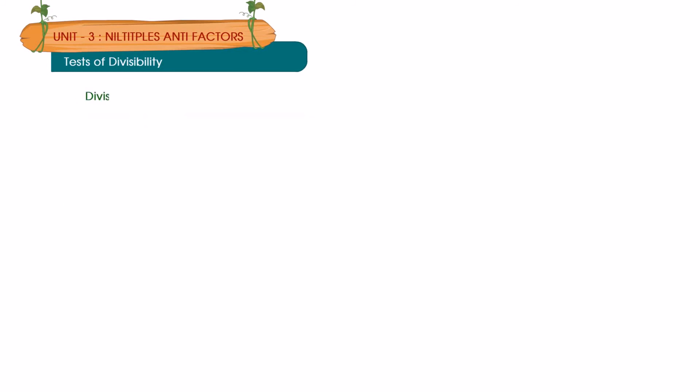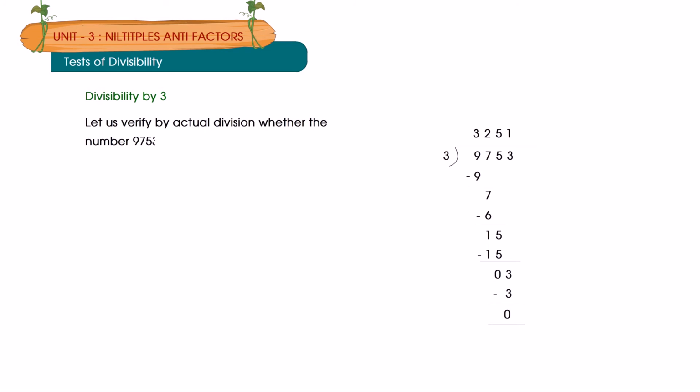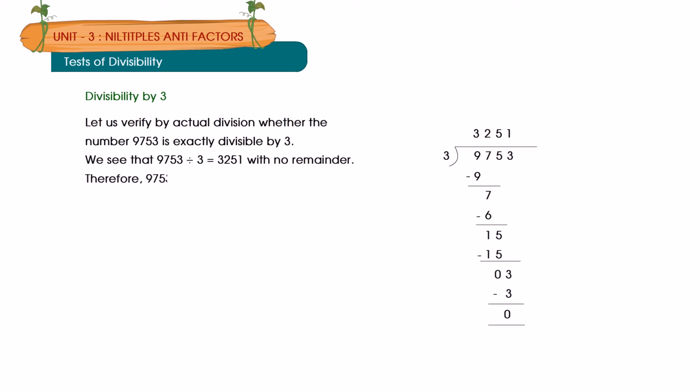Divisibility by 3. Let us verify by actual division whether the number 9,753 is exactly divisible by 3. We see that 9,753 divided by 3 is equal to 3,251 with no remainder. Therefore, 9,753 is exactly divisible by 3.